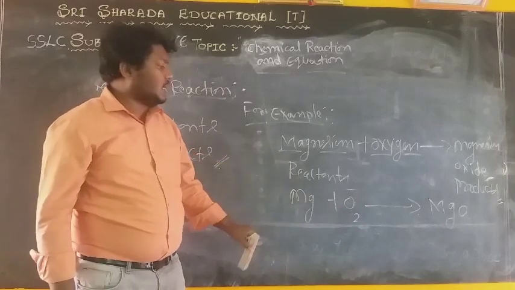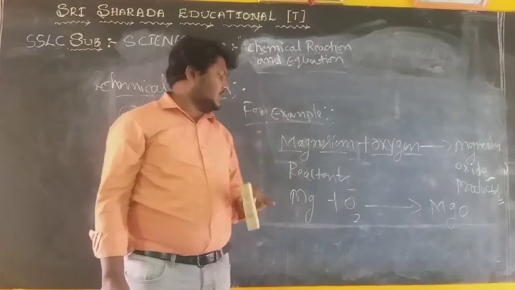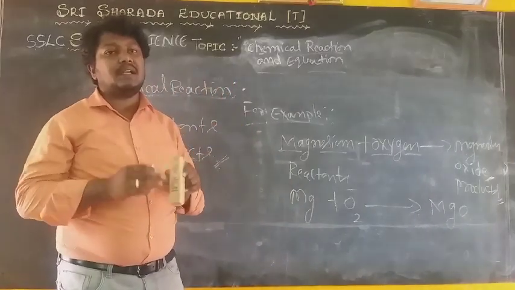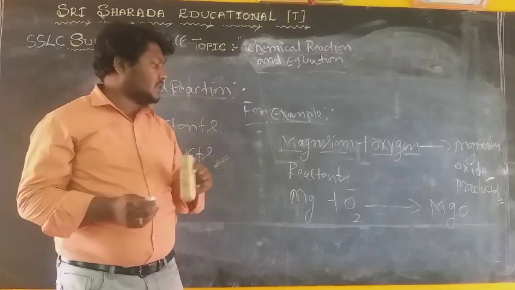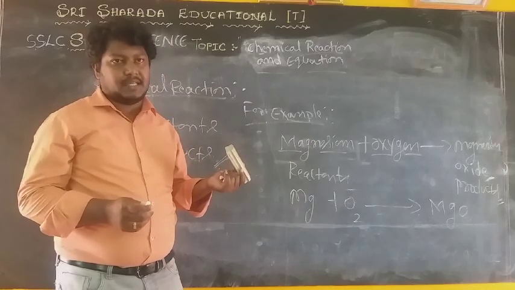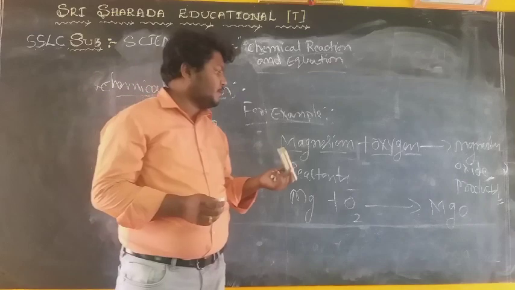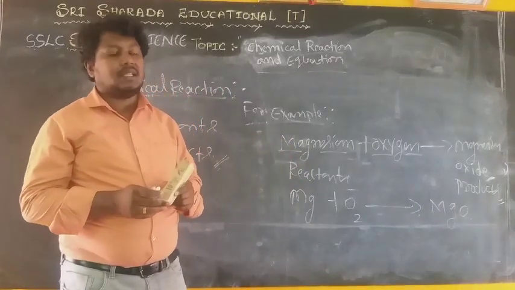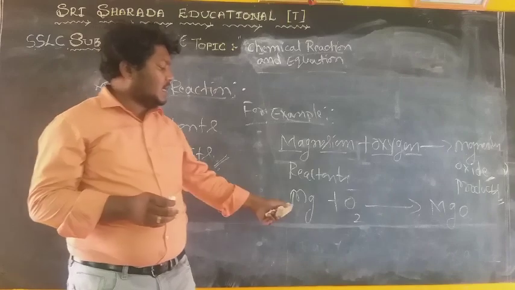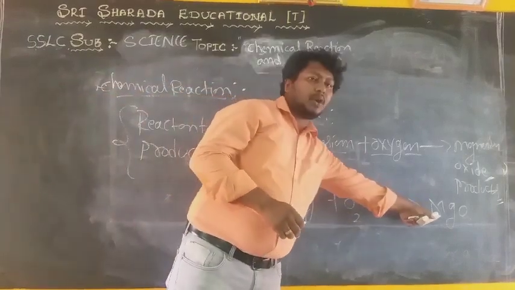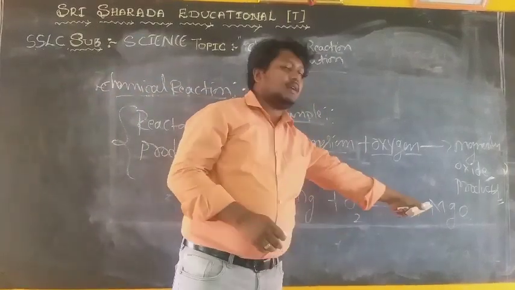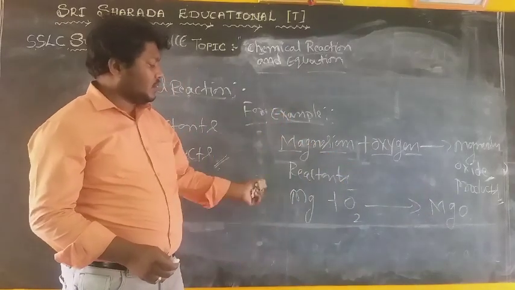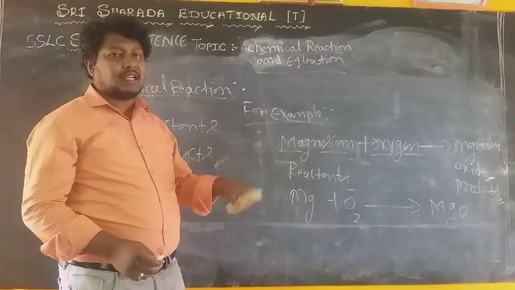The definition of the chemical equation is the symbolic representation of the reactants and products. Once again I will repeat: the symbolic representation of the reactants and the products is called a chemical equation. We can also represent the states of matter.